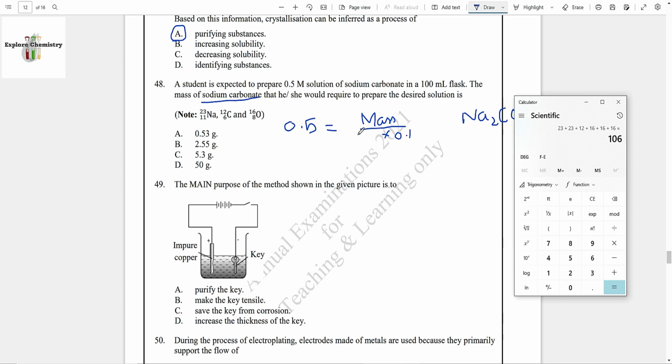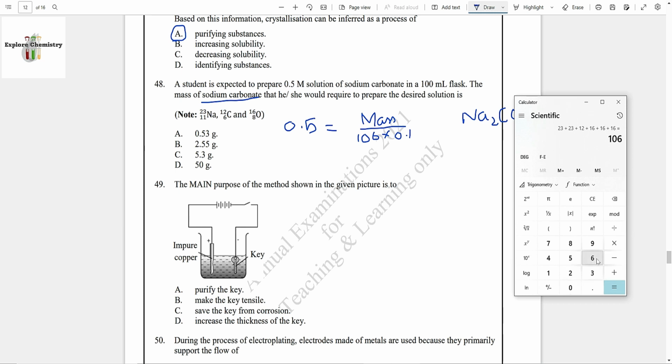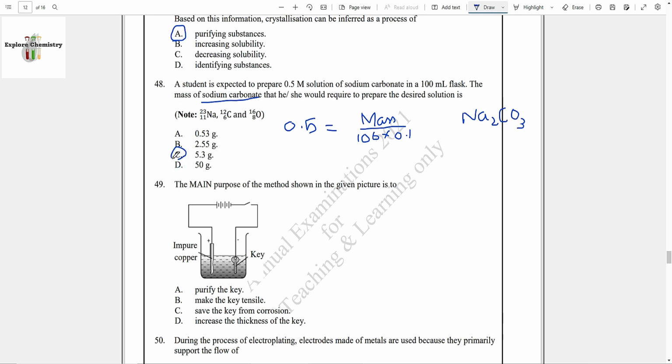Molar mass is 106. You need to find out mass, so these two terms will go there and in multiplication. 106 multiplied by 0.5 multiplied by 0.1. Answer is 5.3, option C.